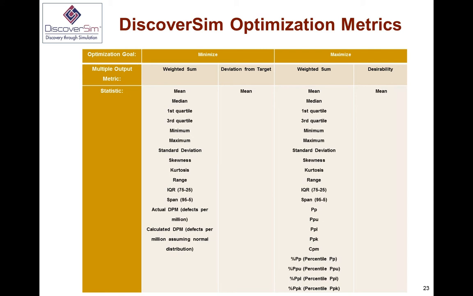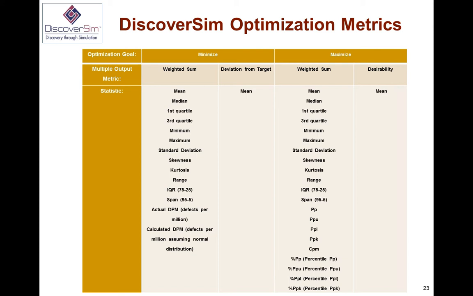And so there are lots of different choices here. In the case studies that we're going to look at, typically we'll do maximizing the mean, but sometimes we want to maximize maybe the process capability because we want to not just maximize the mean, but we also want to minimize the variation.